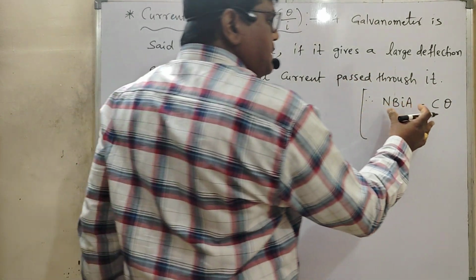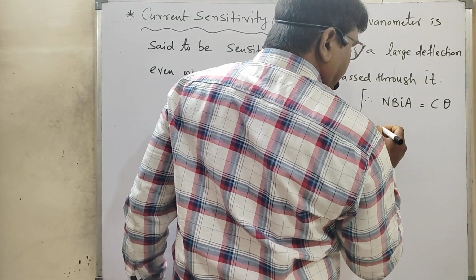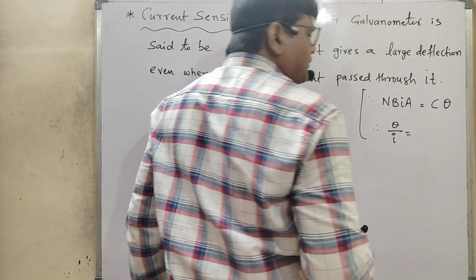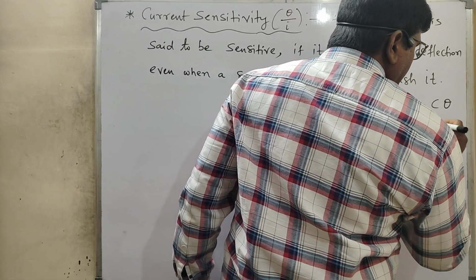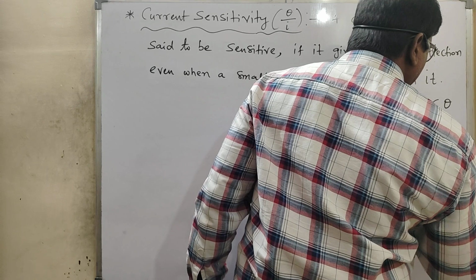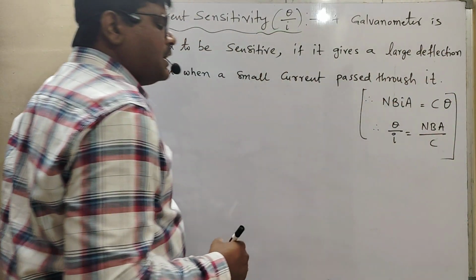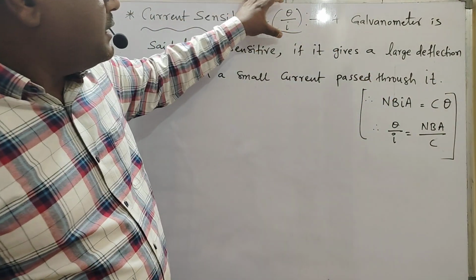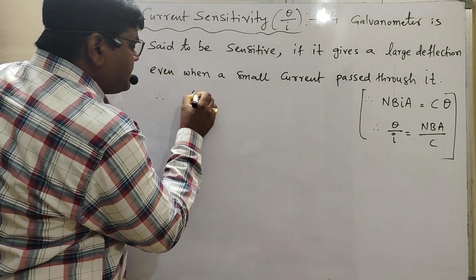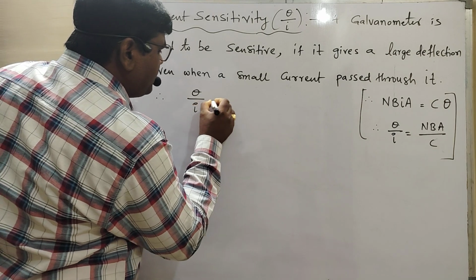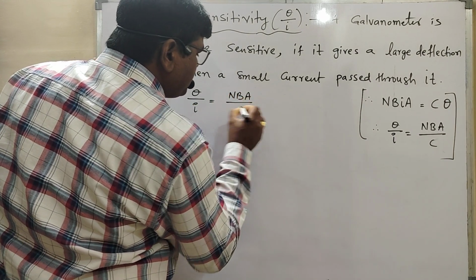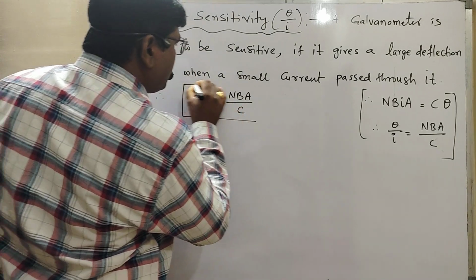From this relation we can write theta by I is equal to NBA by C. This is the current sensitivity. So the formula for current sensitivity is theta by I equals NBA by C.